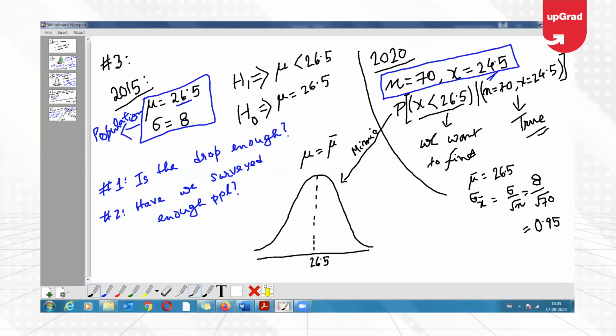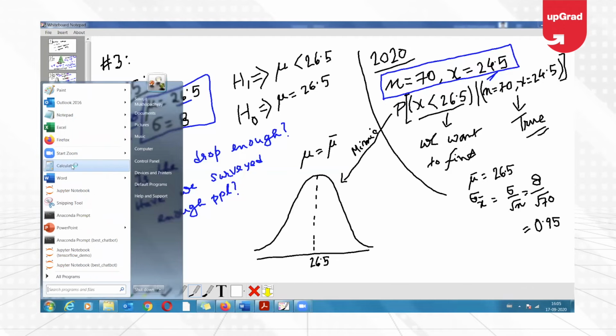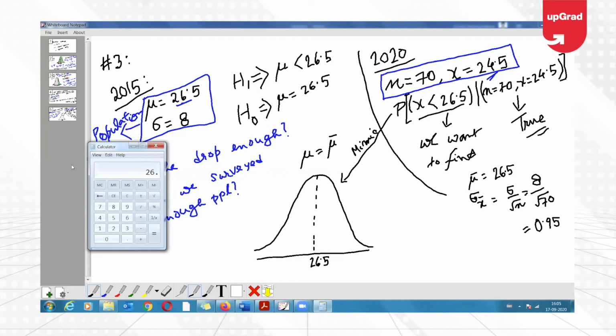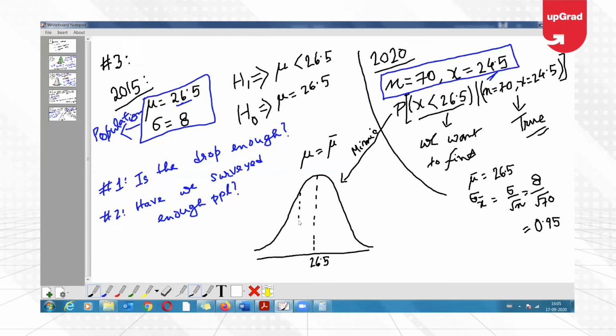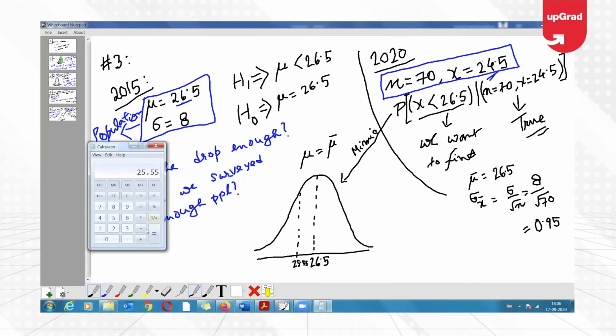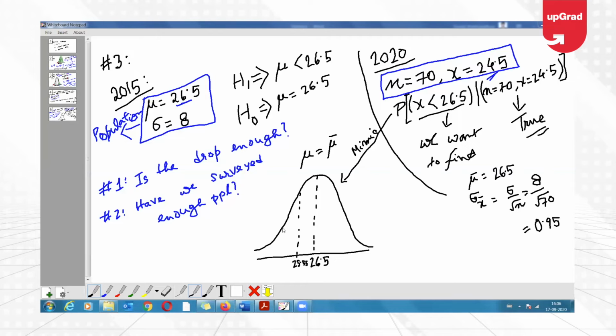So 26.5 minus 0.95 is 25.55, one standard deviation to the left. So this is 25.55, minus 0.95 is 24.6, which means this is two standard deviations away.